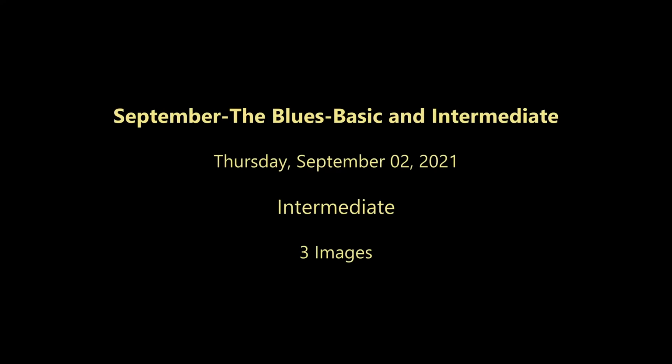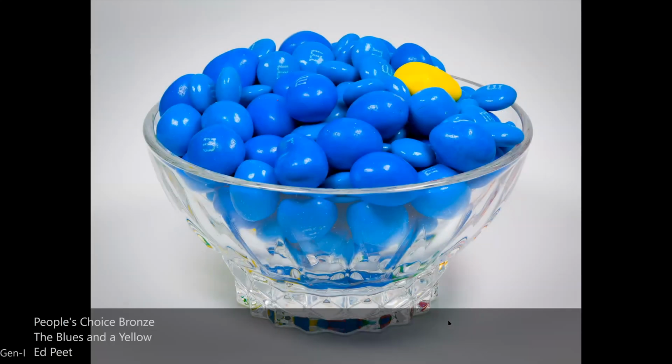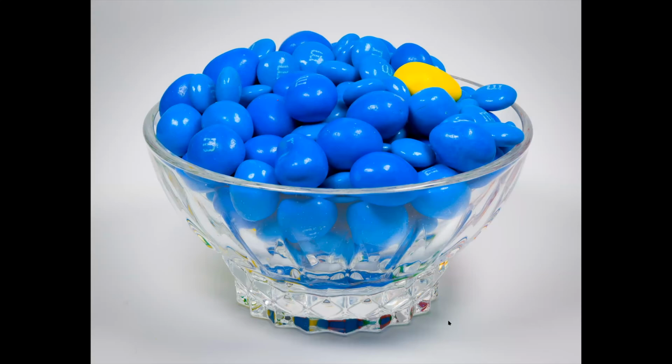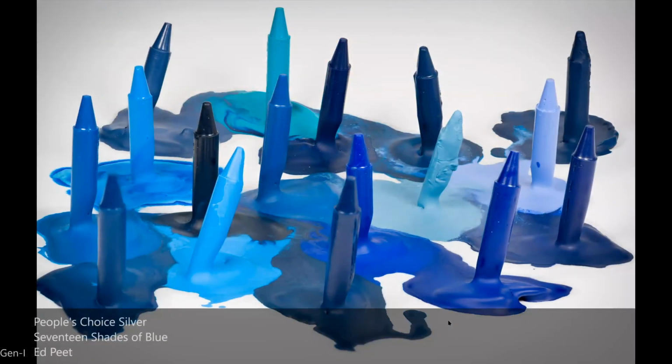All right. So the bronze goes to Ed Pete for the blues and the yellow. I hope you ate all that afterwards. You bet. Cool shot. And looks like you were having fun with blue stuff, boy.